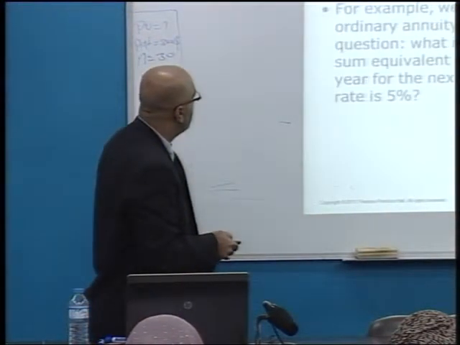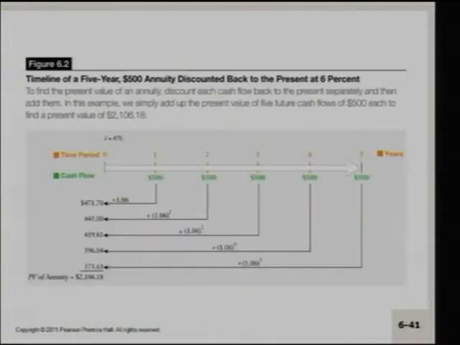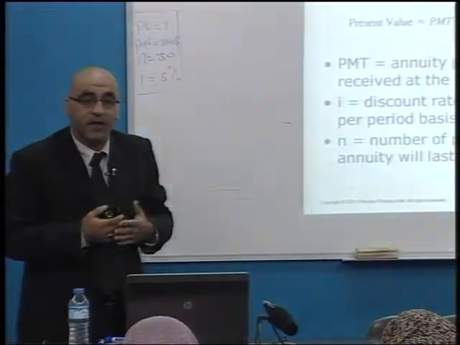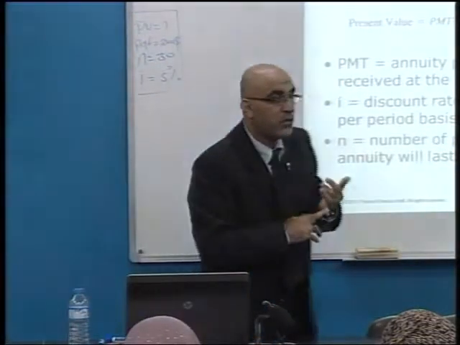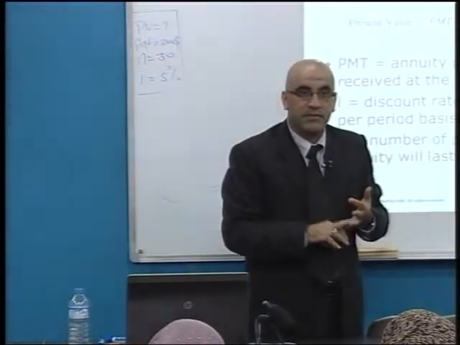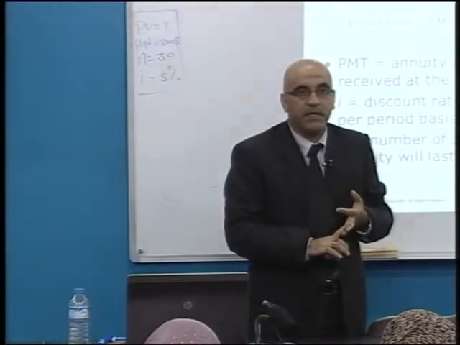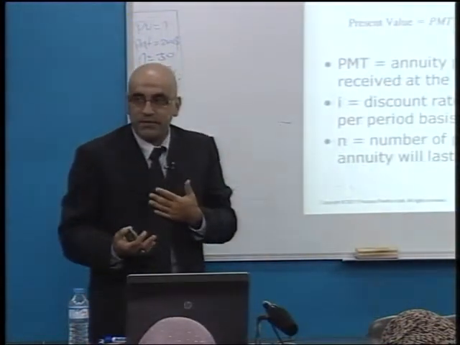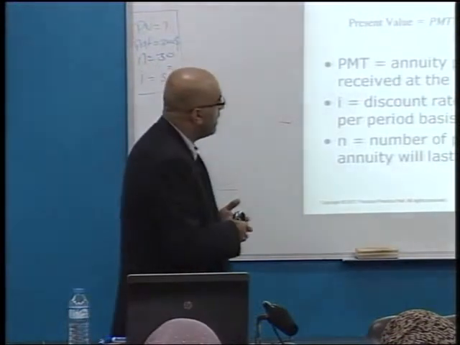Okay, we talk about this and we talk about this. You see the present value of annuity, as I discussed. This is the main equation, and again this is the payment, this is present value, and I is the interest rate, and m. This is in case we are using annual payments. I may ask you to calculate based on a weekly basis or monthly basis or quarterly basis. And in the previous chapter I showed you how we can convert from annual payment to the segment payments.